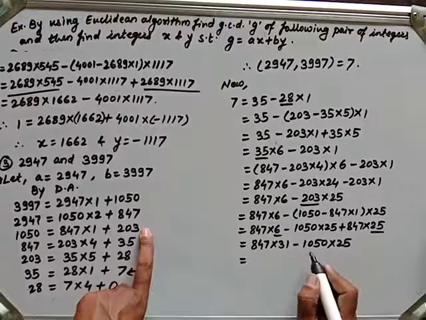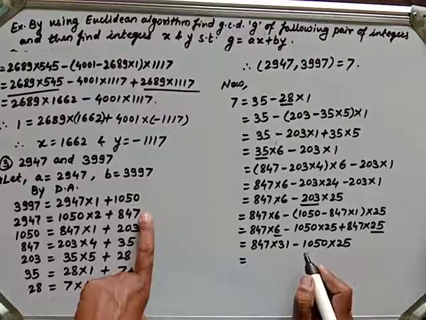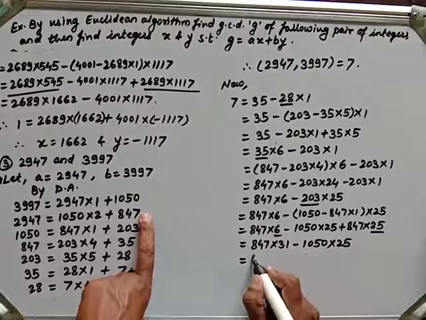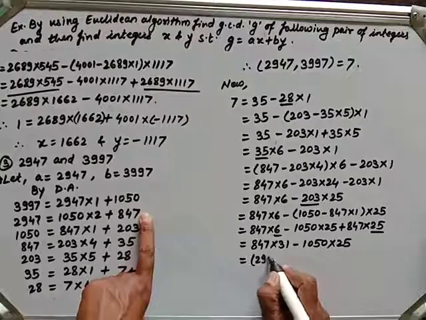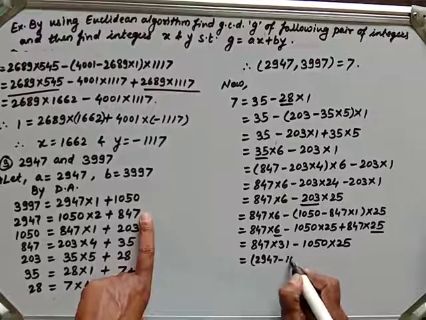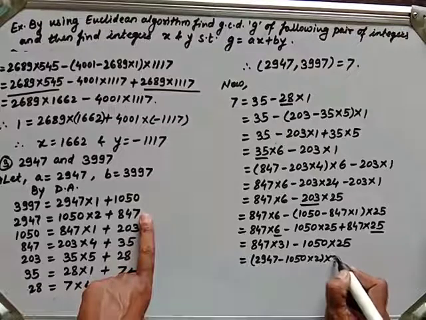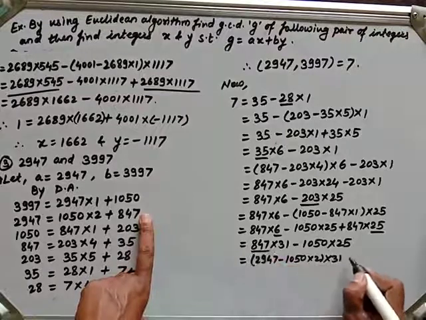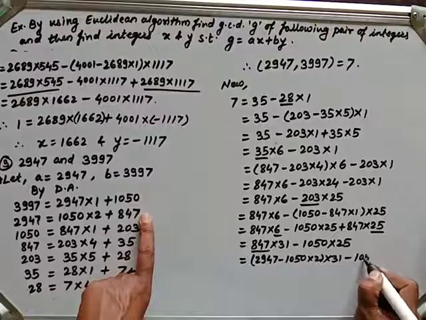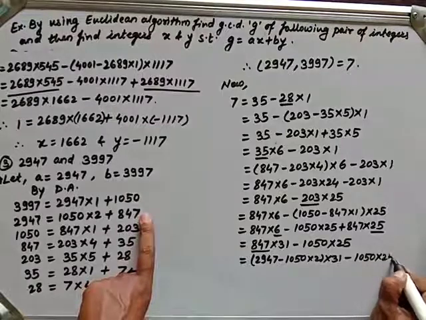So that again, now substitute the value of 847. What is 847? 2947 minus 1050 multiplied by 2, multiplied by 31. This value we have substituted. Minus 1050 multiplied by 25.